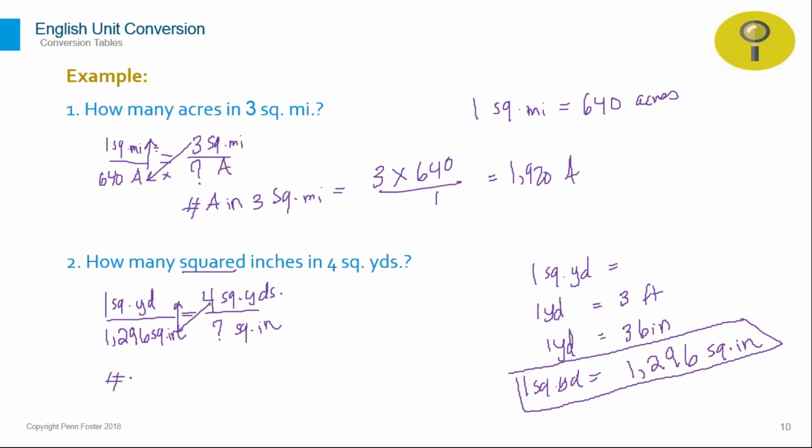So the number of squared inches in 4 squared yards would be 4 times 1,296 divided by 1, which is not going to affect our answer. So we can just multiply 4 times 1,296 on the calculator, and that will give you the number of squared inches: 5,184 squared inches.